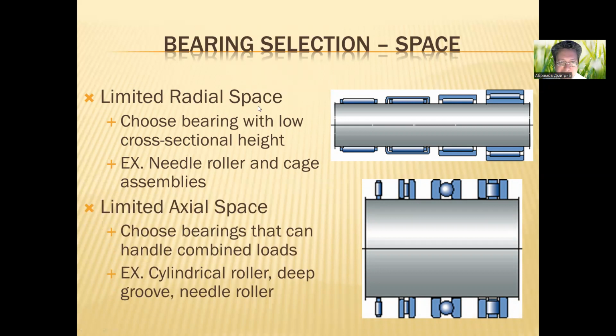First was limited radial space, now limited axial space. Choose bearings that can handle combined loads. X-cylindrical roller, deep groove, needle roller. Examples.